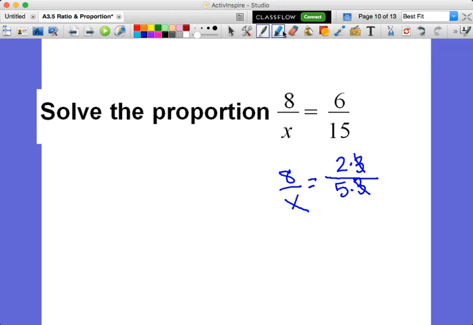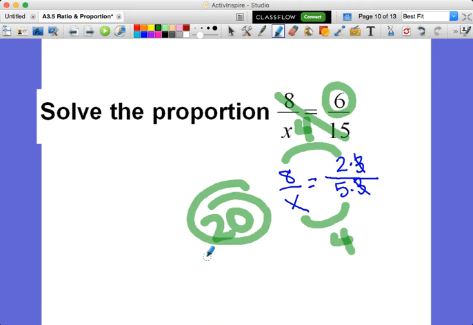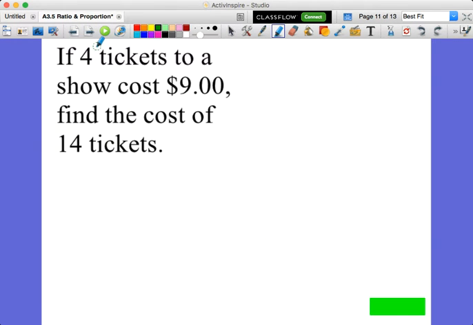Well, this time we're working on the top. How do we get from 2 to 8? Multiply by 4. So if I do that on the bottom, 5 times 4, the answer is 20. I don't want to do it that way. I want to do cross product. 8 times 15 divided by 6 still equals 20.